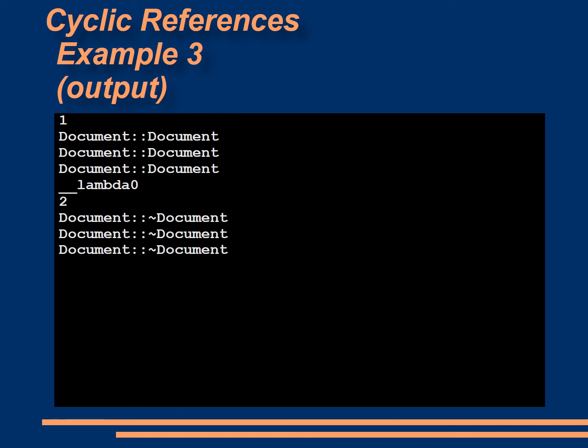Then we'll have the following output. We see that the foo call is named lambda 0 in this example, and this cout is being done before printing the number 2. And after printing the number 2, we print the destruction of all the instances of the document class.